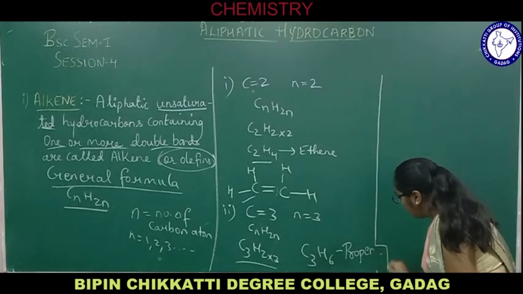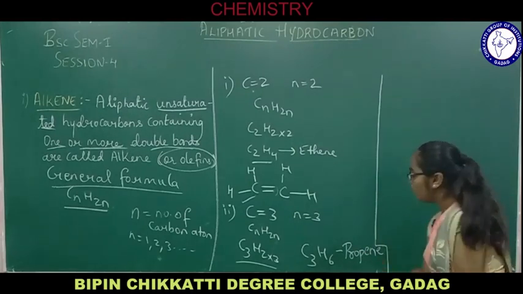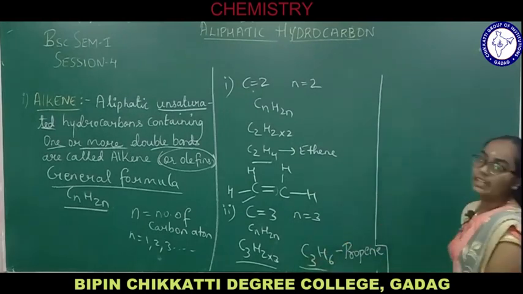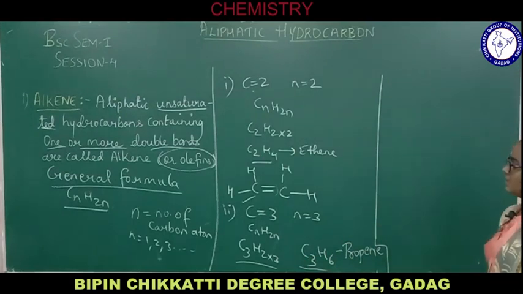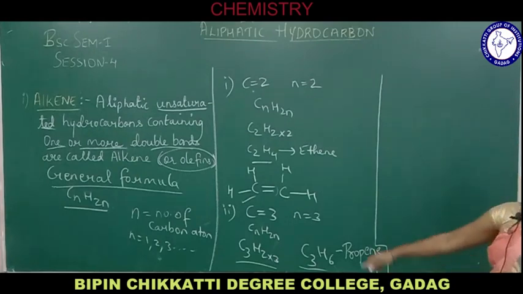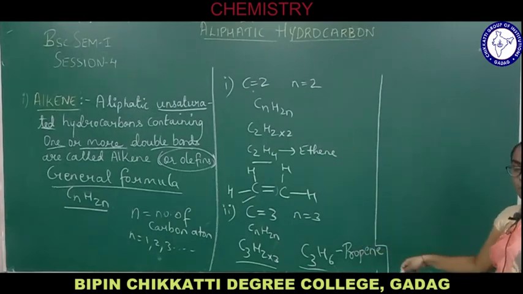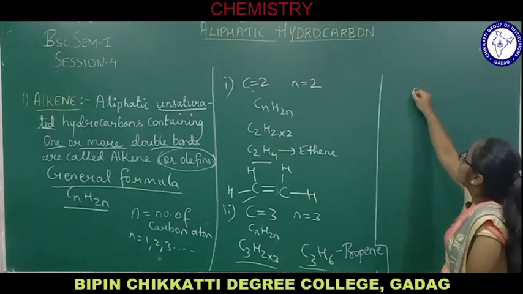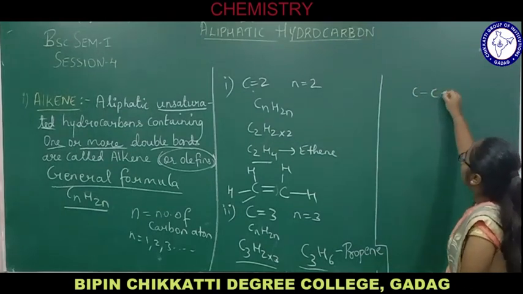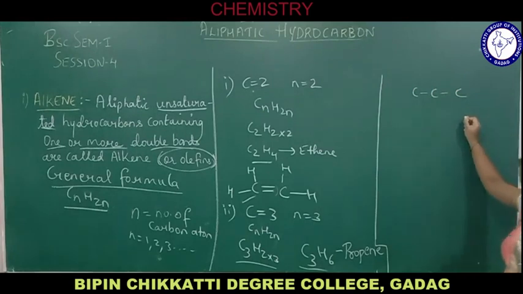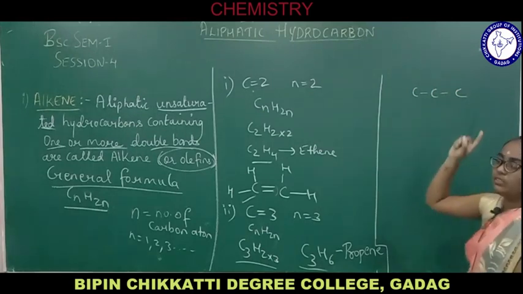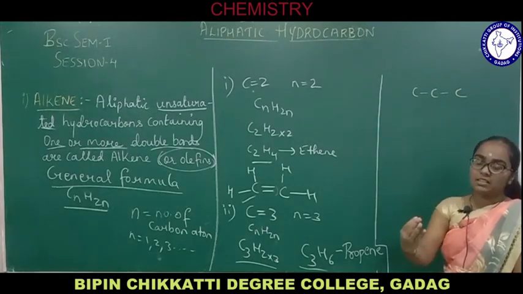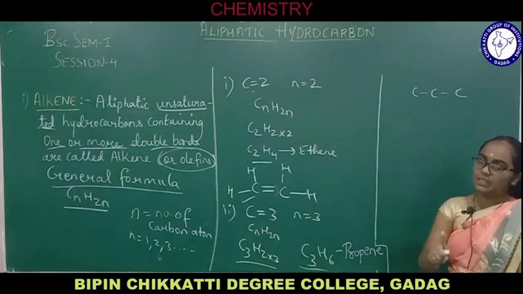So the name for this is propene, with the molecular formula C3H6. Let's draw the structural formula for propene. How many carbons are there? 3 carbons. Let's write down the 3 carbons in this manner. But we know that between 2 carbon atoms, 1 double bond should be there, right?